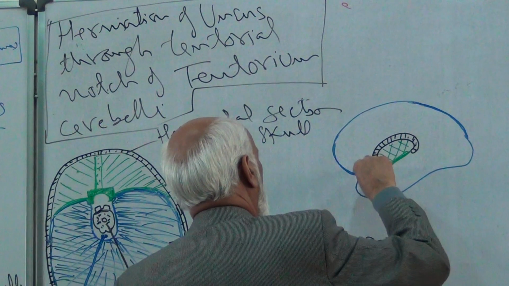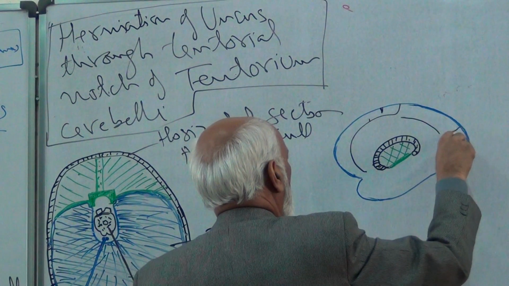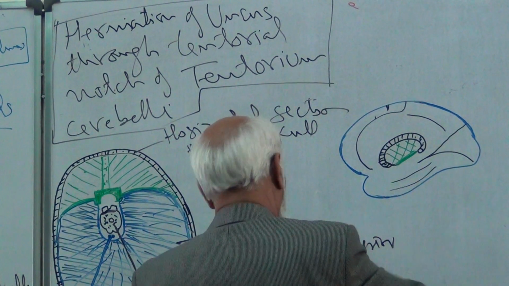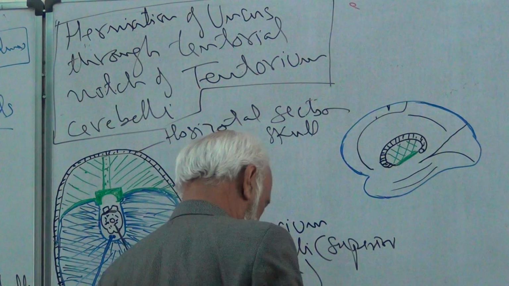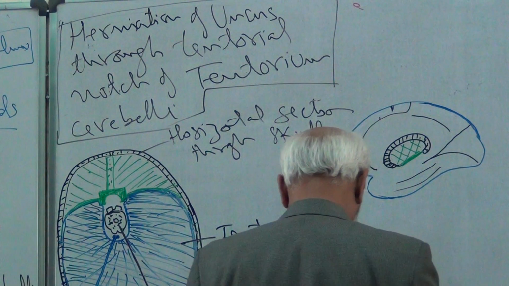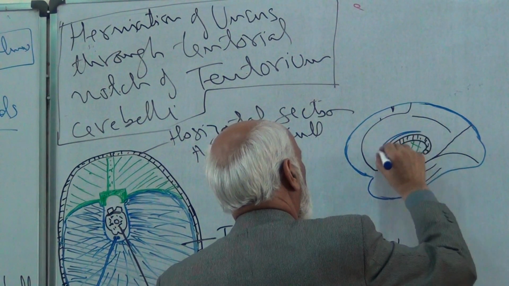There are different sulci. Around this cut end of the corpus callosum, there are some gyri. For example, here is the cingulate gyrus.